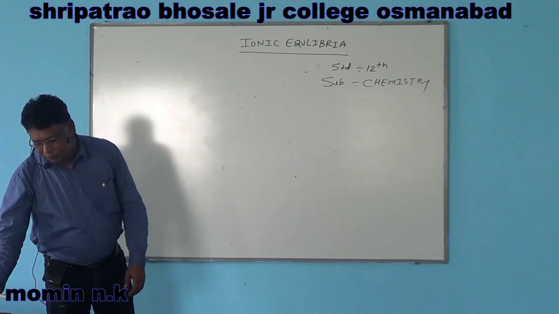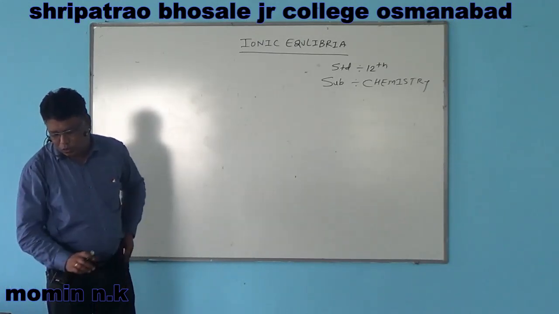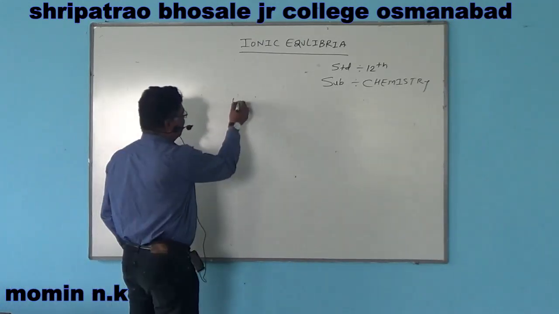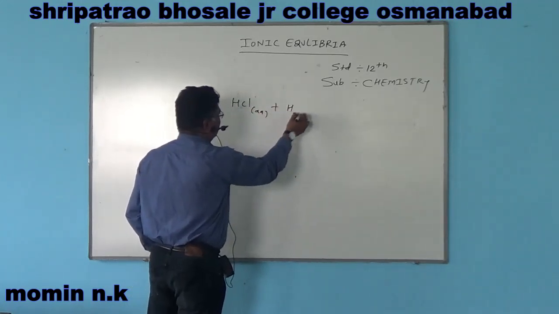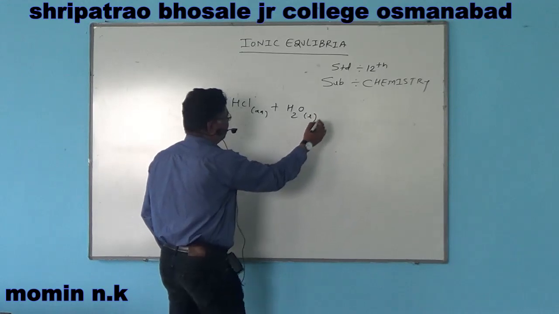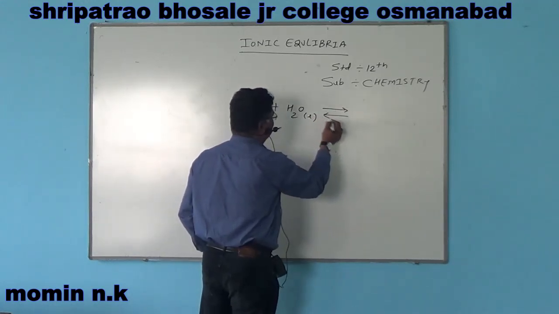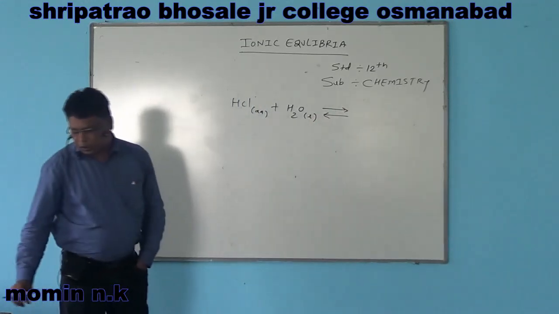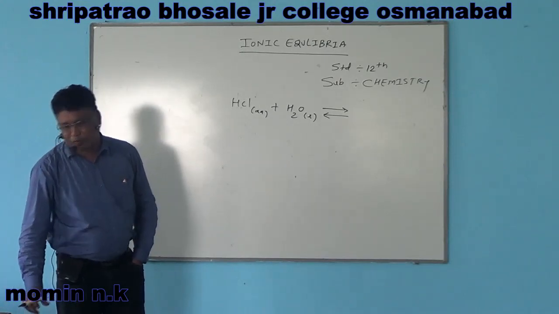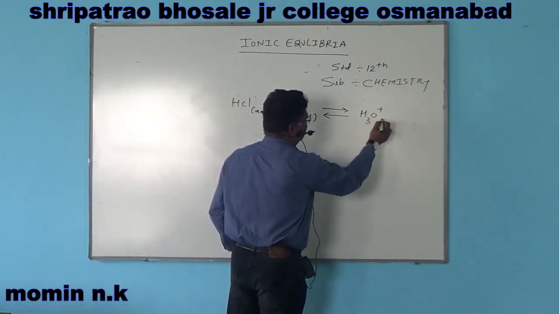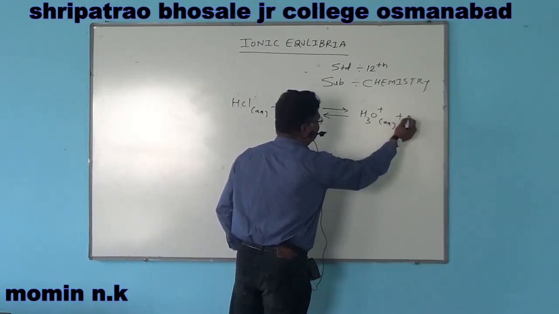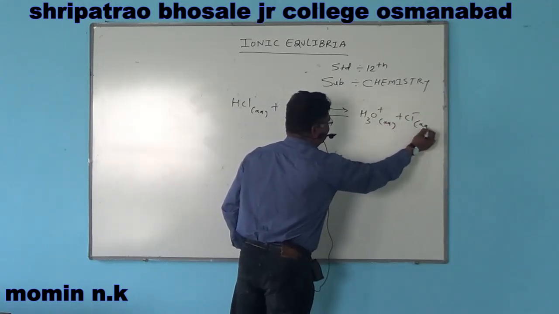For example, HCl aqueous plus H2O liquid gives H3O positive aqueous plus Cl minus aqueous.